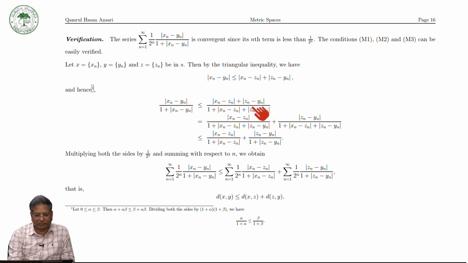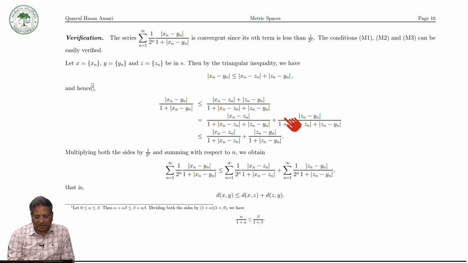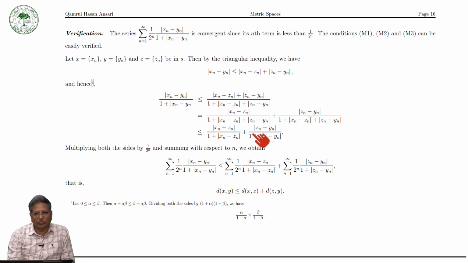So we can write it in this way, and then this is the same as, you can write plus here, and then because this is mod of xn minus zn upon 1 plus this, we can remove this term, then this is less than or equal to this plus 1 over this term. Similarly, this term is less than or equal to this one. So the whole term is less than or equal to this.